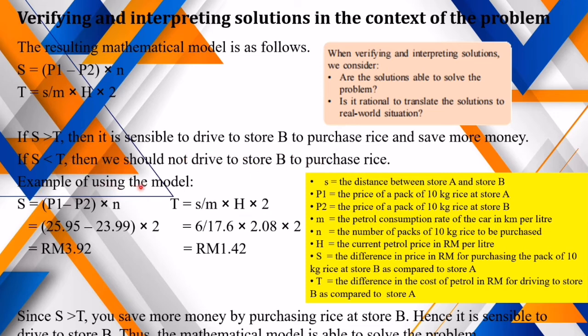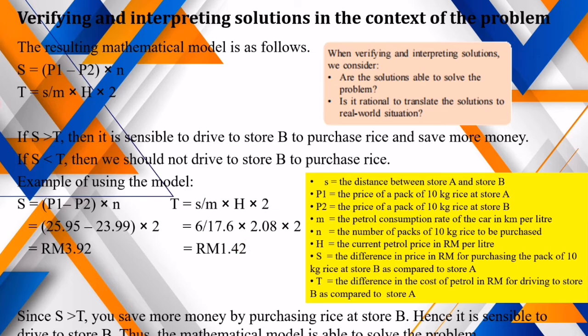Example of using the model: S equals P1 minus P2 times N equals 25.95 minus 23.99 times 2 equals 392 cents. T equals S over N times H times 2 equals 6 over 17.6 times 2.08 times 2 equals 142 cents.